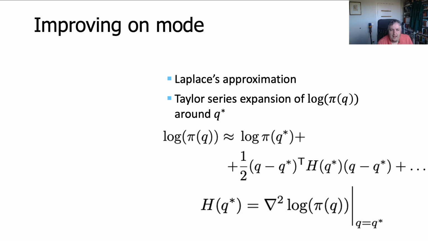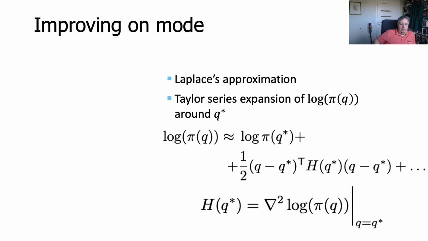So what can we do? We can of course improve on the mode by creating some kind of approximation of the distribution in order to get some kind of uncertainty quantification. And this idea is not a new one.